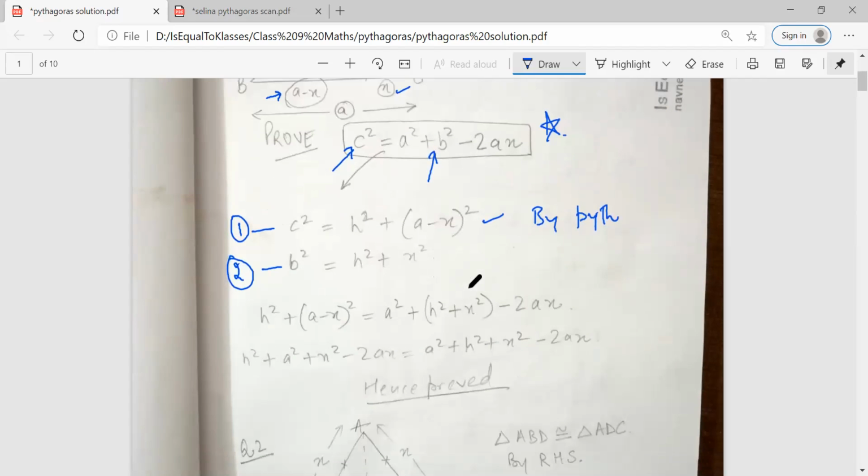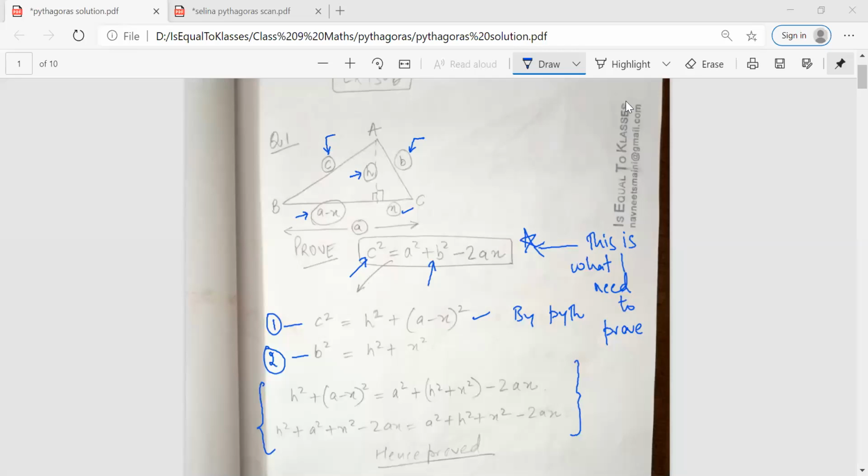So, have a look at what I have done and please ask if there is any doubt. So, Mr. Rudra, this value of c square and b square, I have put it here. So c square is equal to h square plus a minus x whole square. This is what I have placed here. Then a square is as such here.